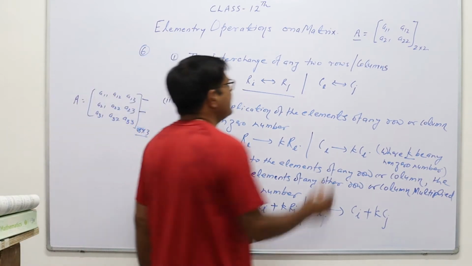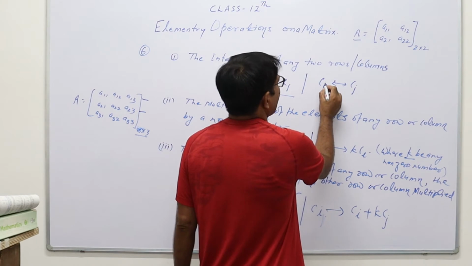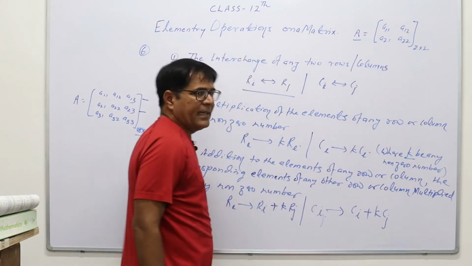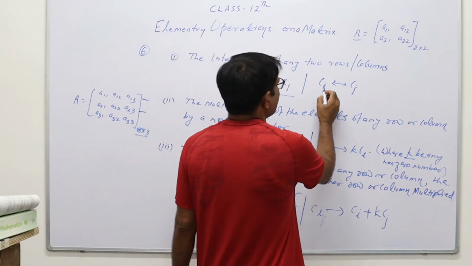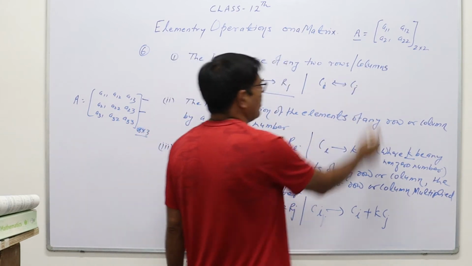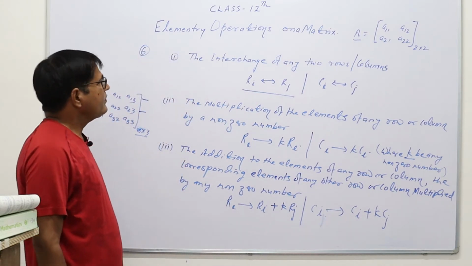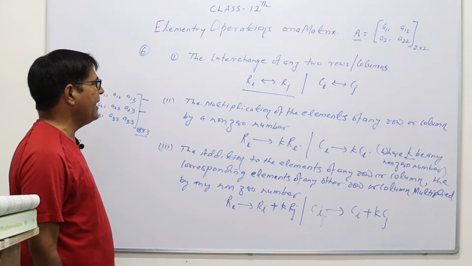Similarly, we can interchange the ith column and the jth column. This is the first elementary operation on the given matrix.